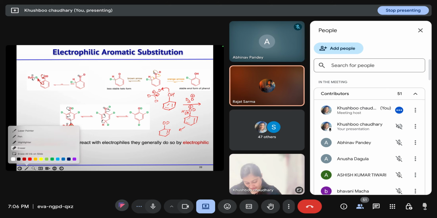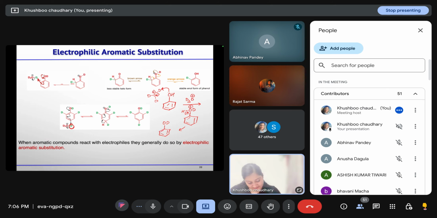Now the next thing is, when oxygen donates a lone pair to the benzene ring, it can attack from the ortho position to abstract the deuterium from D3O positive, and it can form a structure with deuterium at the ortho position, and here also a proton is there.